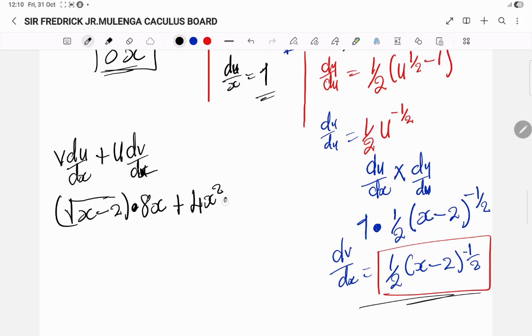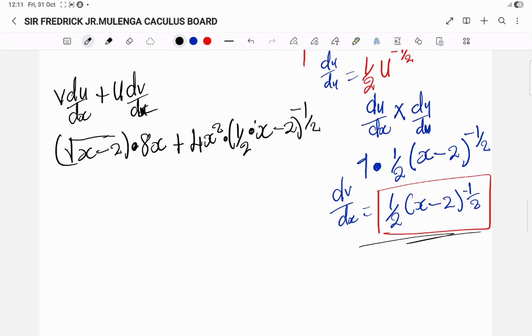You write it the way it is, x minus 2, just like that. Let's play around with the mathematics right here.